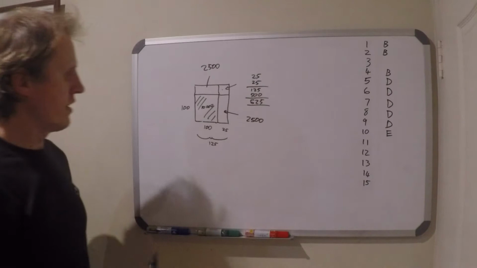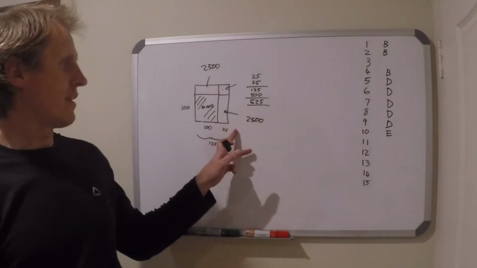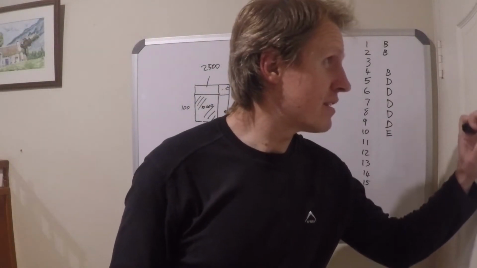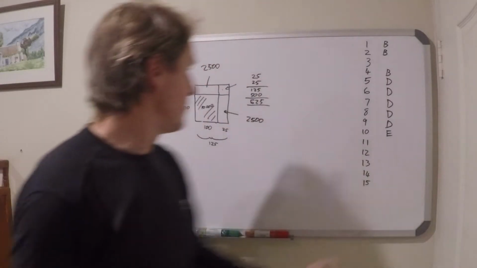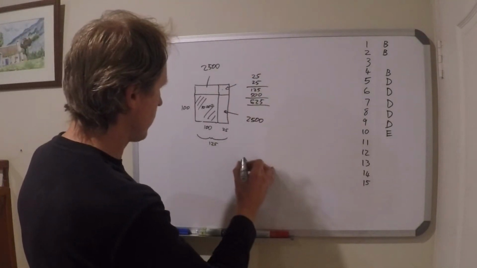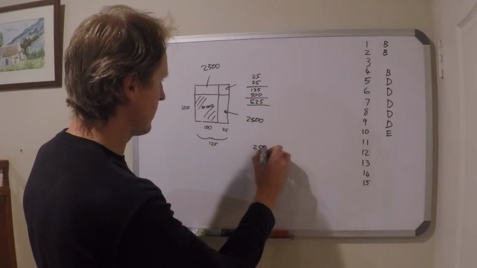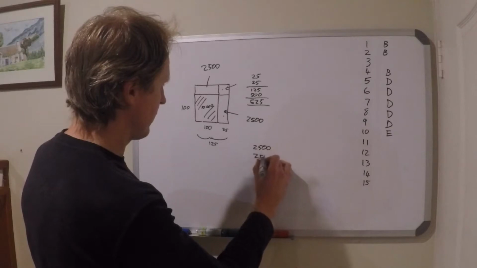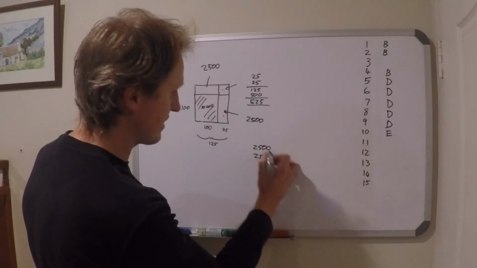So they want to know how much the square increased by in terms of area. So in total, the increase in area is 2500 for that area, 2500 for that area, let's add those up first.